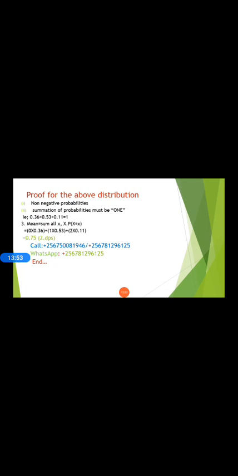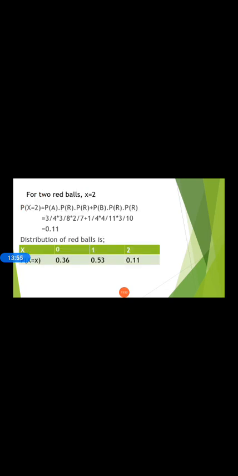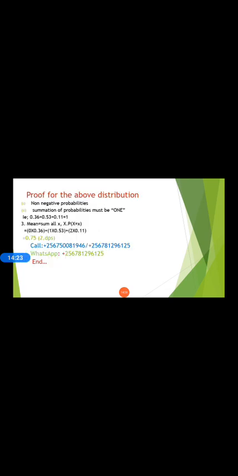They are supposed to be positive. Look at our table. For x is 0, the corresponding probability is 0.36. Therefore, it is positive. For x is 1, the corresponding probability is 0.53. For x is equal to 2, the corresponding probability is 0.11. Clear? So it is non-negative. That first condition is fulfilled.